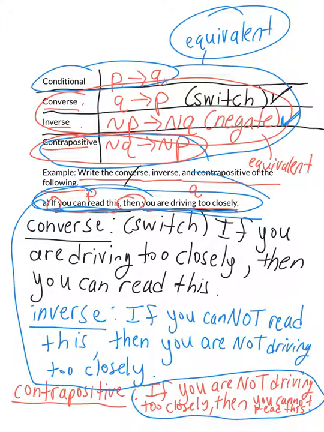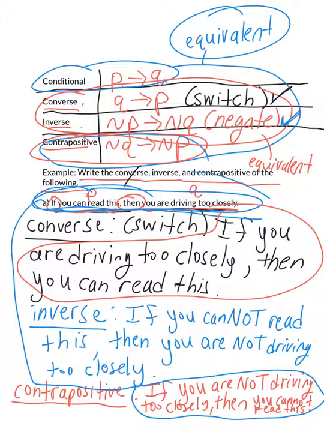The if you are not driving too closely, then you cannot read this. Those two sentences hold the same exact meaning. The converse, if you are driving too closely, then you can read this, will always be equivalent to the inverse, which in this case was if you cannot read this, then you are not driving too closely.